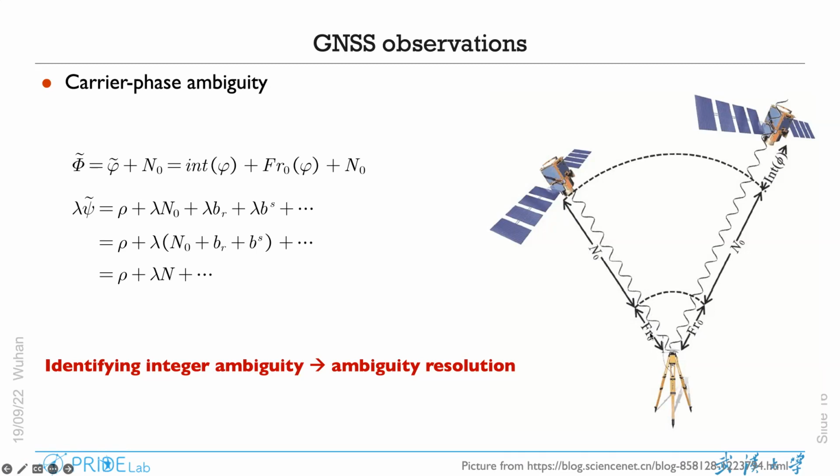Because the GPS receiver can only measure the fractional part of the full cycle, the integer number of cycles within this path is actually unknown. This is N0. This term has to be estimated along with other parameters like your positions, troposphere delays and the clocks.